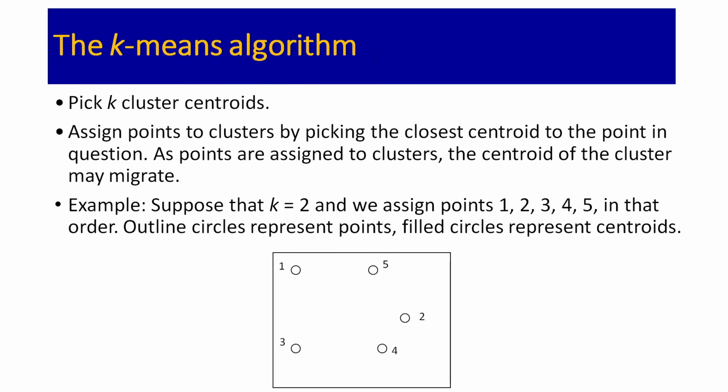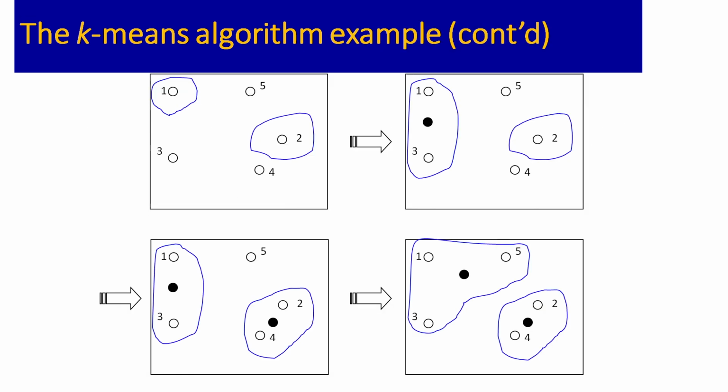In the k-means algorithm we choose the k cluster centroids first and assign points to the clusters by picking these distances. Like here, suppose k is 2 and you have to assign points 1, 2, 3, 4, 5 in that order. So, you decide there will be 2 clusters. We have one cluster here, and the same thing here.